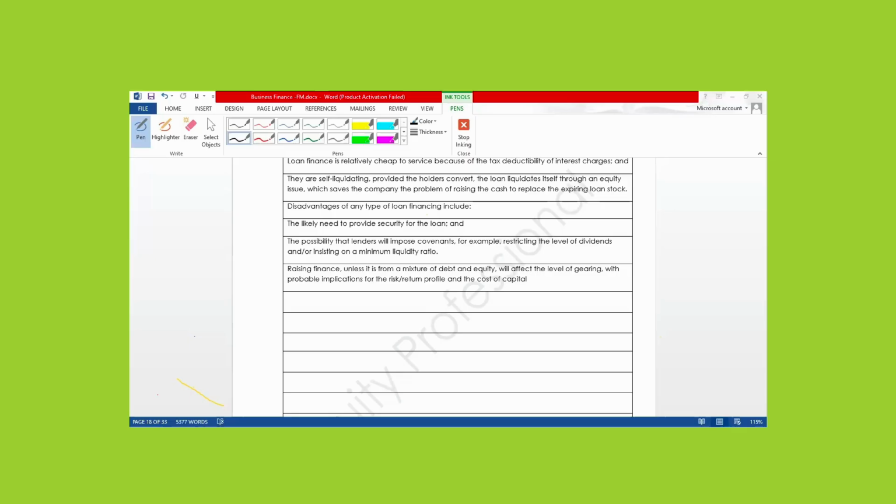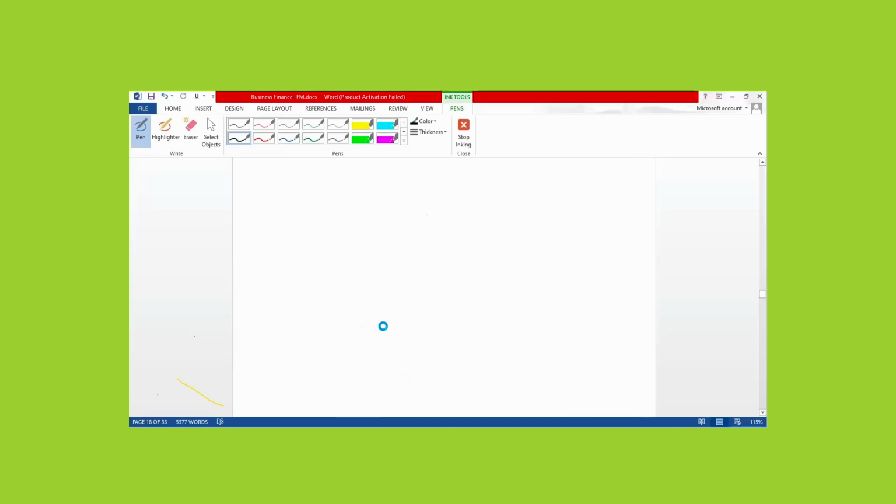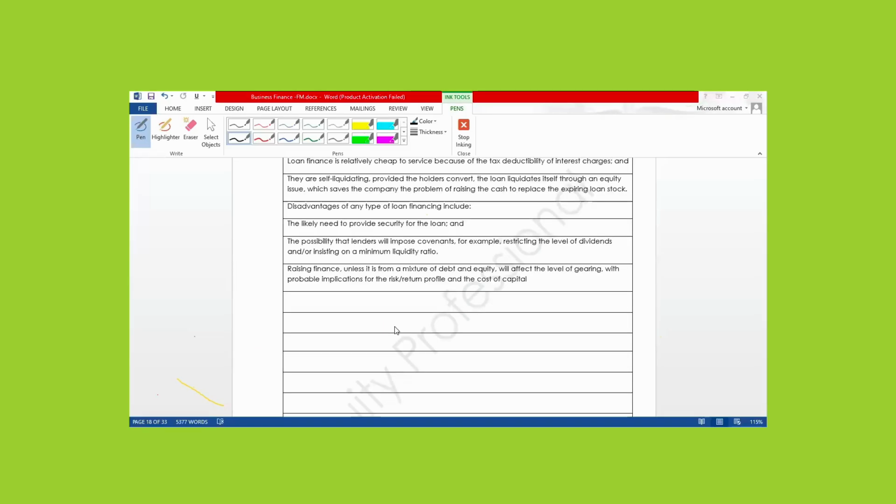So, for the disadvantages of the loan, the one towards the end is the lenders insisting on a minimum liquidity ratio. My question is, what I understand by liquidity ratio is a company being able to at least pay its short-term debts, that's the current liabilities and the rest.